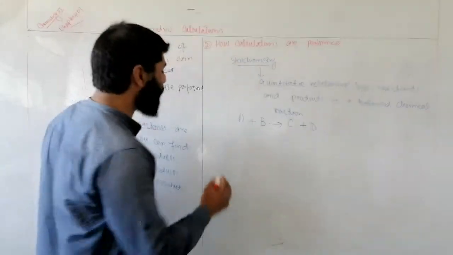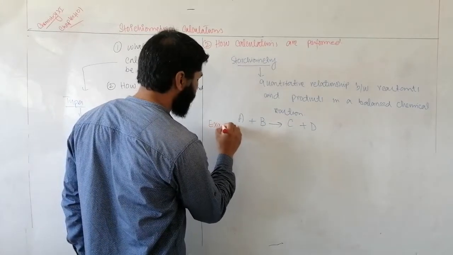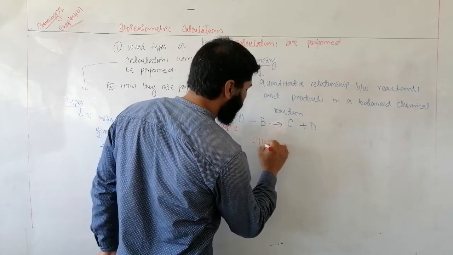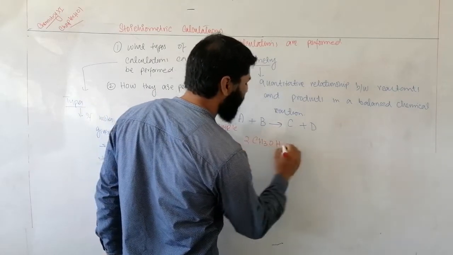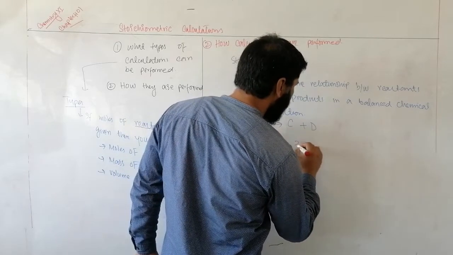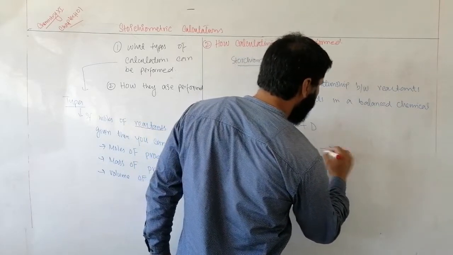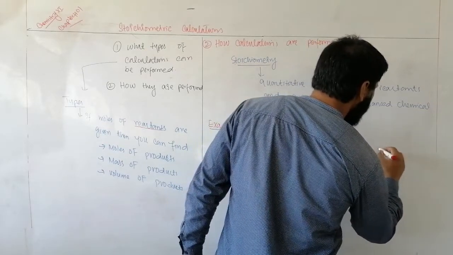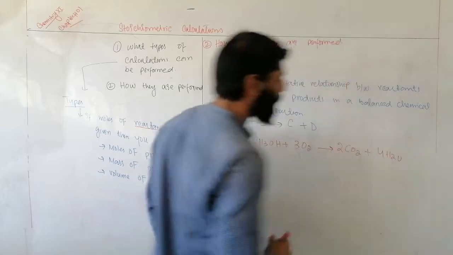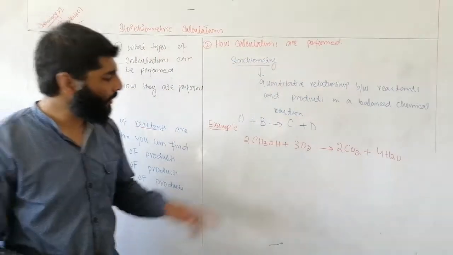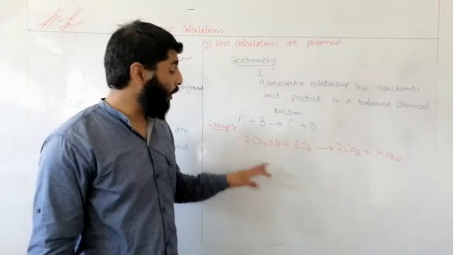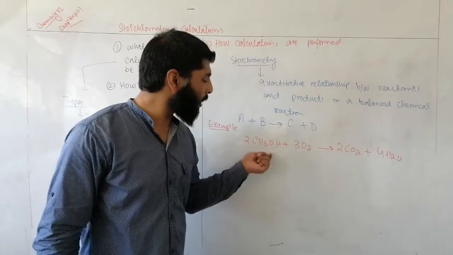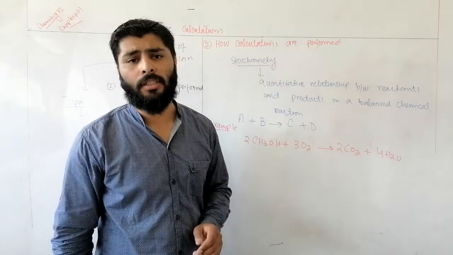So in order to perform the stoichiometric calculation, we will consider a balanced chemical reaction. You are given a reaction in which 2 moles of methanol react with 3 moles of oxygen to produce 2 moles of carbon dioxide and 4 moles of water. You can check that all the atoms, all the elements are in balanced quantity.